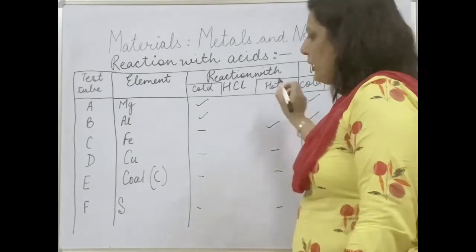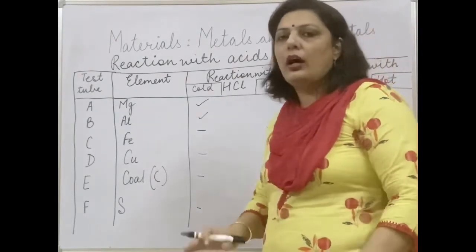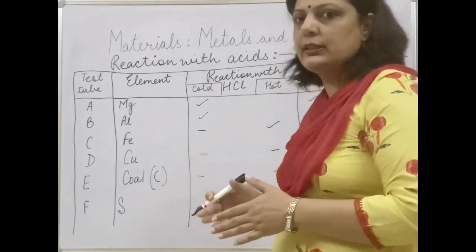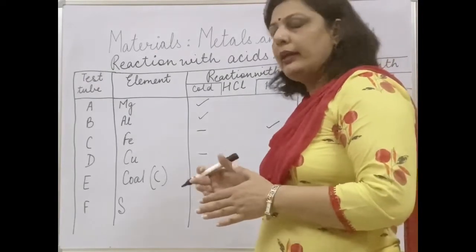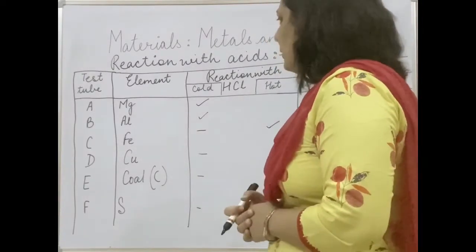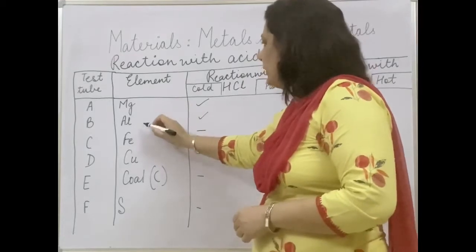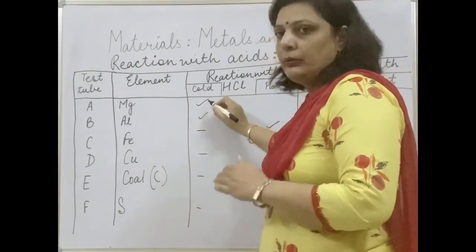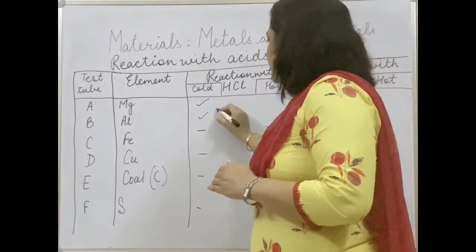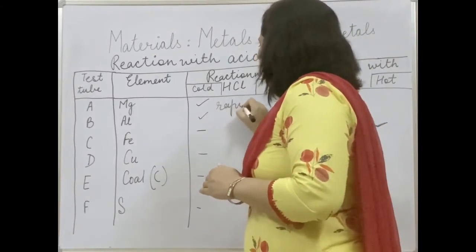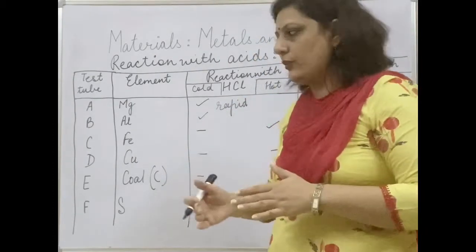So this table will help you in understanding the behavior of metals when they react with an acid. One thing you have to keep in mind is that magnesium and aluminium, when they react with the acids at room temperature, the reaction is rapid. Rapid means the reaction will occur very fast.